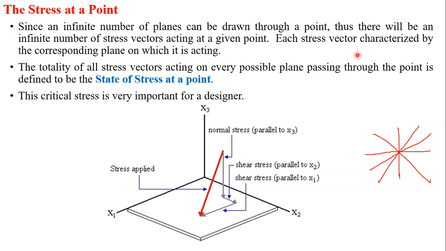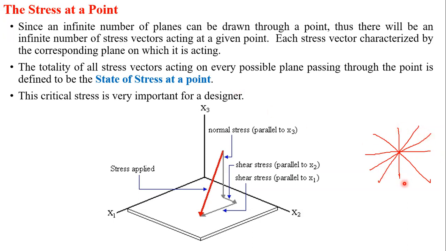Each stress vector is characterized by the corresponding plane on which it is acting. The totality of all stress vectors acting on every possible plane through the point is defined to be the state of stress at a point.